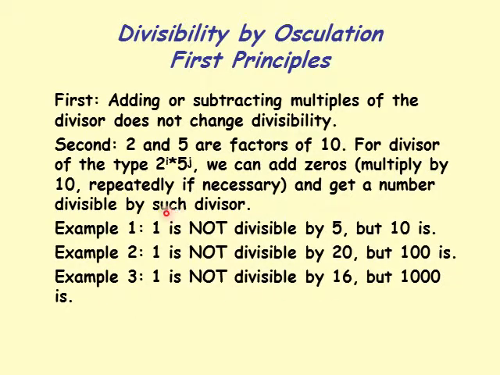So in these cases, when the divisor is of this type, a number of 2's multiplied by a number of 5's, we can make that number divisible by such a divisor by adding zeros to the right, or by repeatedly multiplying by 10.